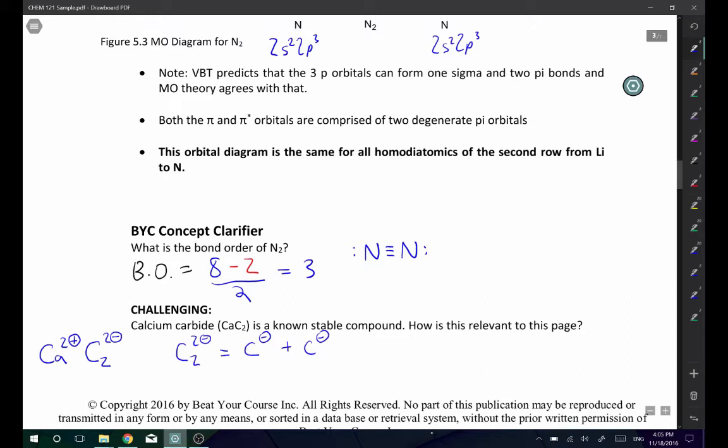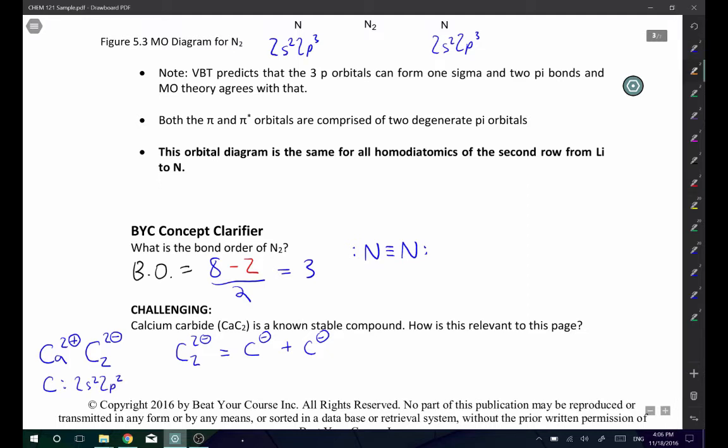Carbon always has the electronic configuration 2s2, 2p2, so we should be aware of that. That would mean that carbon minus would have the electronic configuration of 2s2, 2p3. And for the other carbon, again, it would also be 2s2, 2p3.